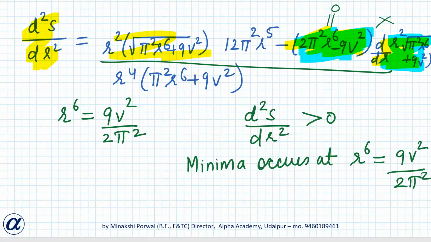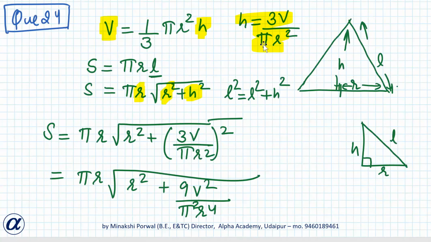Now we have to find the height. So we'll evaluate height from this formula. We got here h equals 3v by pi r square.